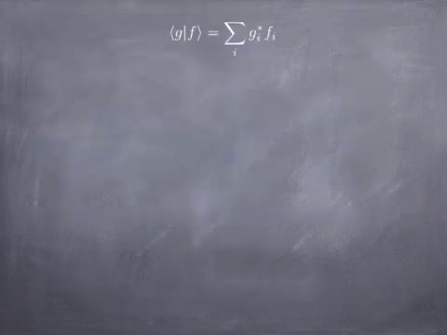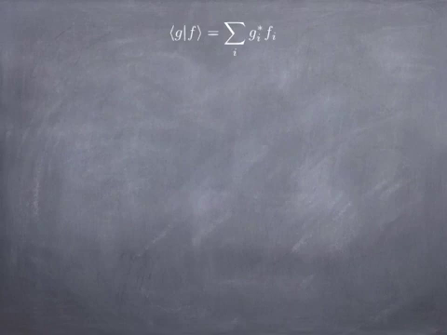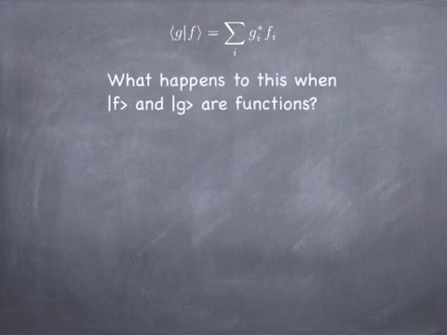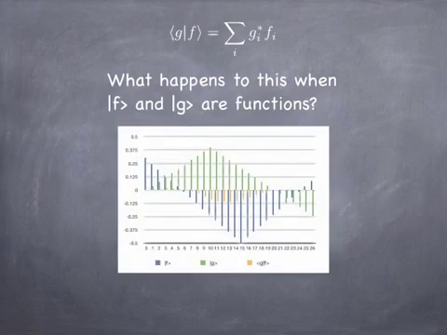What happens if you take the limit as the number of components becomes very large and f and g become functions? What is the natural extension of this idea? Well, here's a 27 element version of the same idea. Notice that it's starting to look like the product of two functions. And what is the summing like? Well, the summing is like an integral.